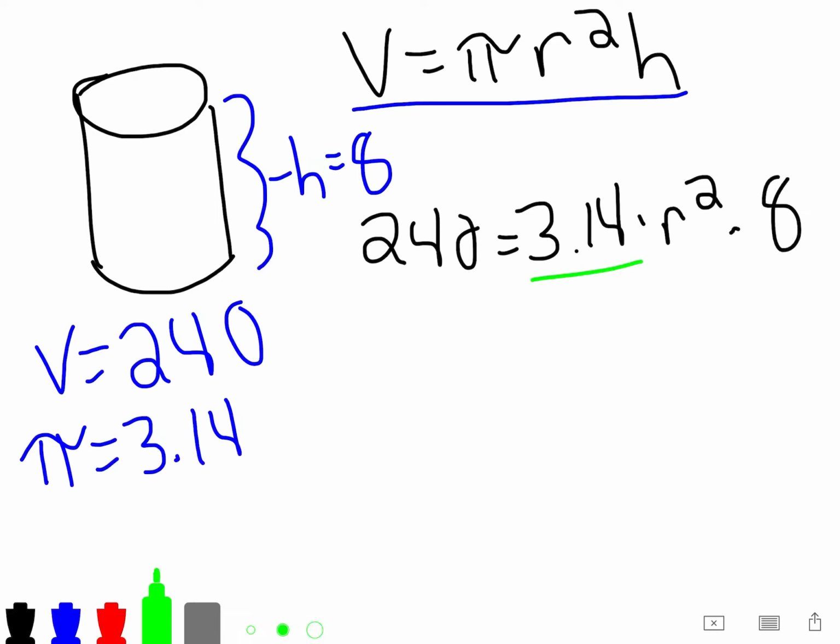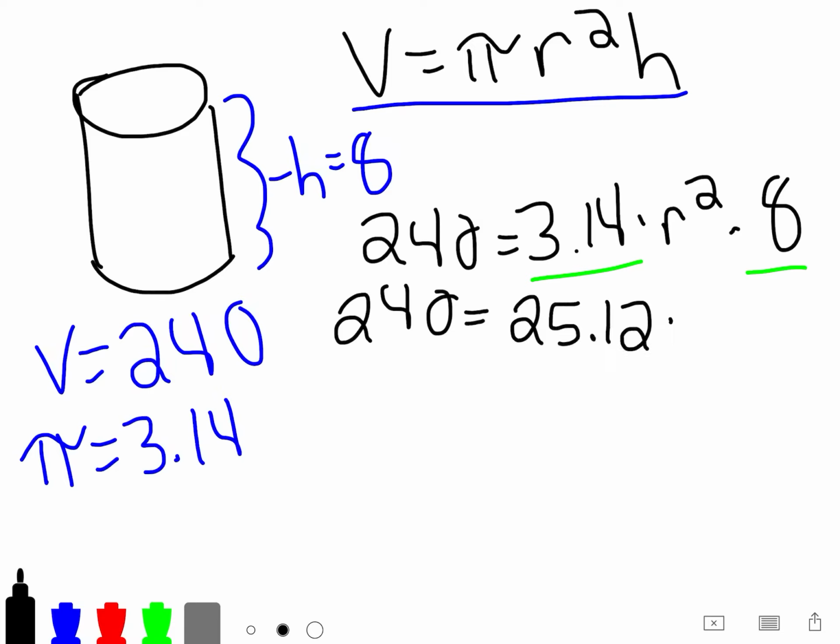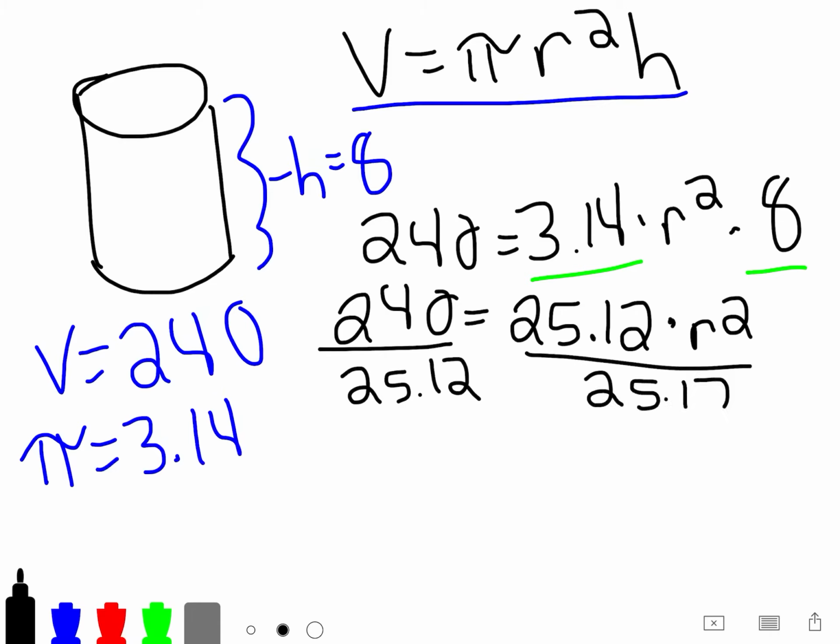I'm going to multiply 3.14 times 8, and I'm going to end up with 240 equals 25.12 times radius squared. I'm going to divide this by 25.12 and this side by 25.12, and I'm going to get 9.55, and then some long old decimal is equal to r squared.